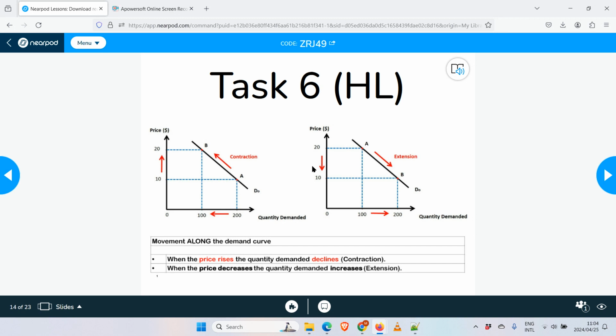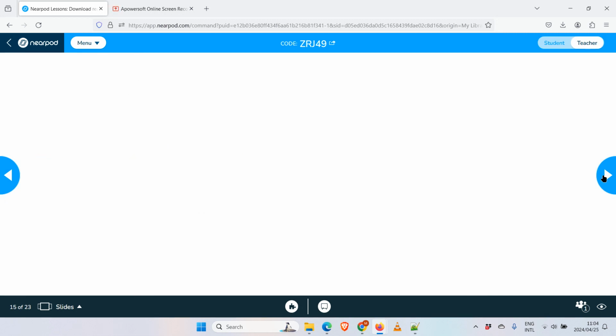When the price of a product decreases, the quantity demanded for that product is likely to increase, ceteris paribus, and this is known as an extension of demand, a movement along the line of demand.